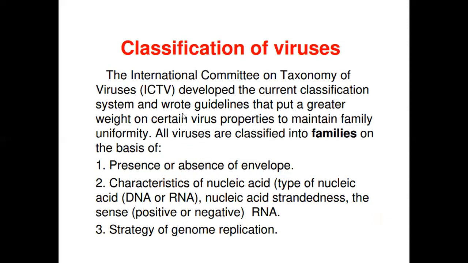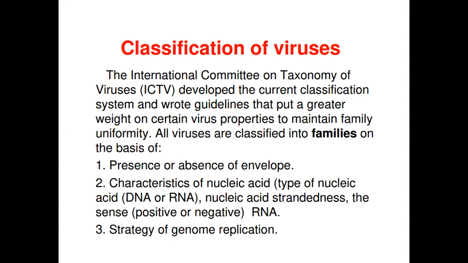Classification of viruses is complicated because of differences and a lot of information about viruses. The International Committee on Taxonomy of Viruses developed the current classification system and wrote guidelines that put a greater weight on certain virus properties to maintain family uniformity.